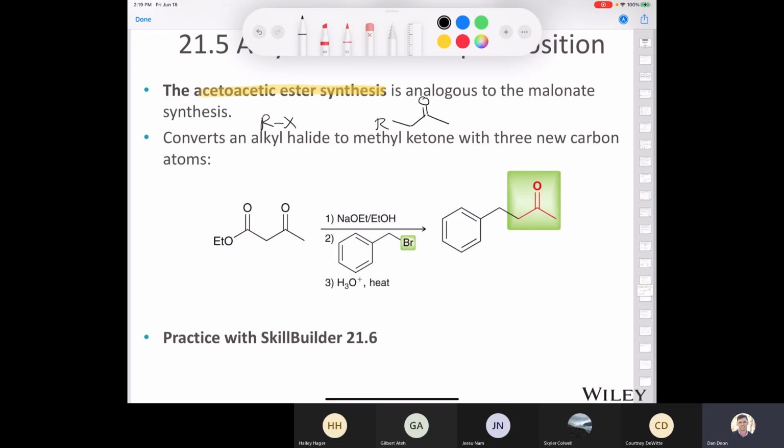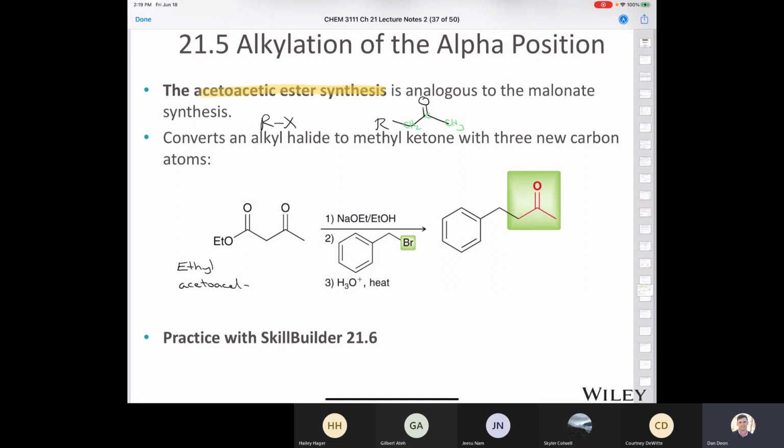So we're actually adding 3 carbons. We're going to add CH2, the carbonyl carbon, and CH3 like that. Except instead of using diethyl malonate, now we use this molecule, which is called ethyl acetoacetate. So ethyl acetoacetate. Okay, so ethyl acetoacetate.